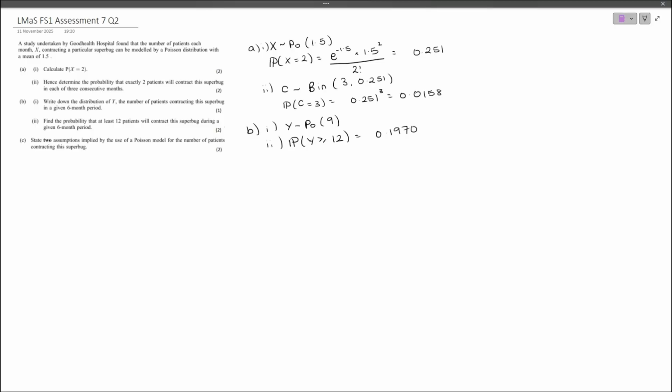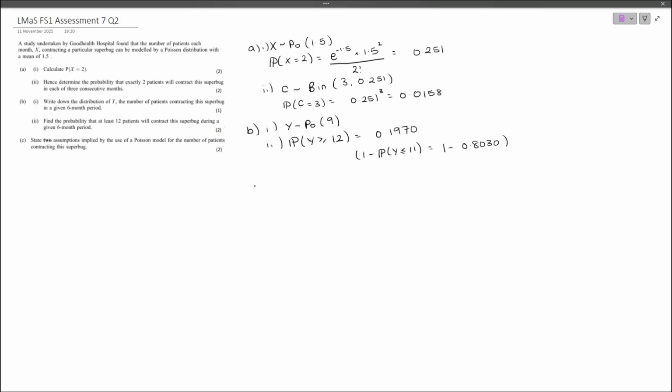Or we can use probability tables for this as well. This is the same as 1 subtract the probability that Y is less than or equal to 11, and we're told this probability in our probability tables. It's 0.8030. And 1 subtract 0.8030 is 0.1970.